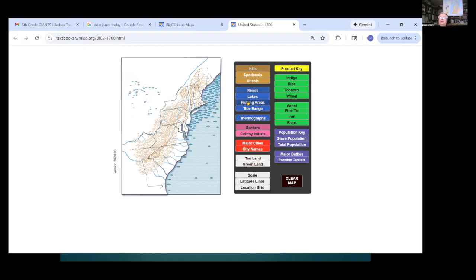It does tell you a little bit about fishing areas. Remember when we were talking about ocean currents, one of the problems with a warm ocean current, which is what we have on the eastern United States, is that warm water doesn't hold very much oxygen, and fish without much oxygen tend to float around on the surface and gasp for breath and die. You really don't get much fishing until you get way up here to New England.